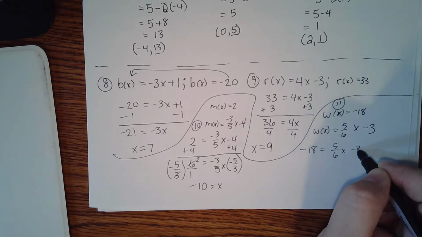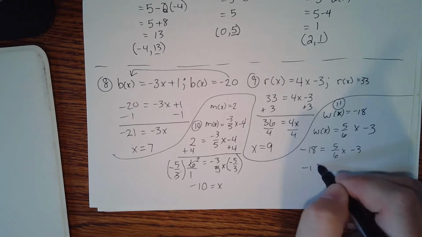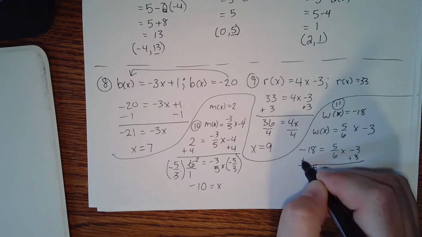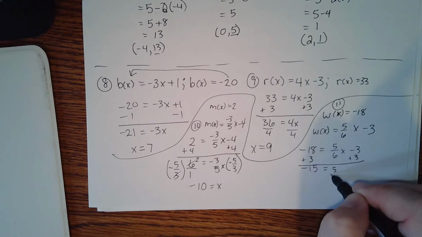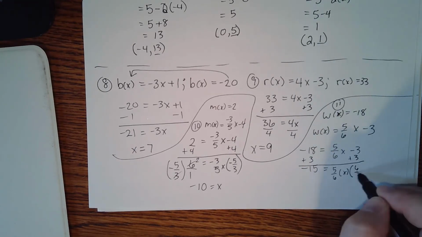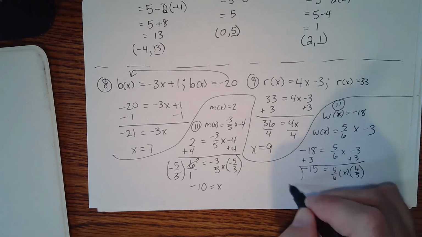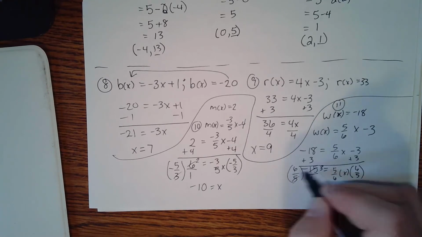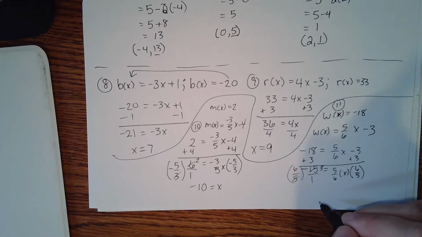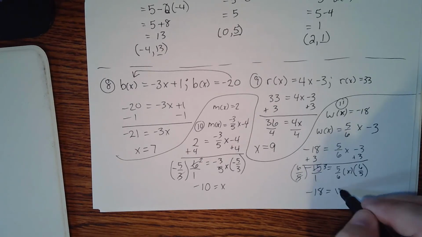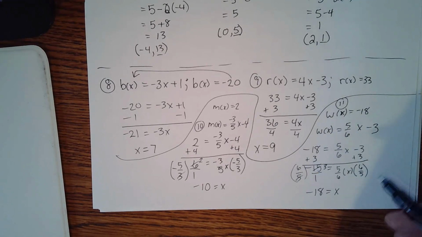Add the 3 across, which gives me negative 15. Now, we're going to multiply by the reciprocal, which is 6/5. Once again, put that over 1. 5 goes in there 3 times. 3 times negative 6 is going to give me negative 18 equals x. So when I have negative 18, I'm going to get negative 18. I know it seems so contradictory, but that's really what went on.